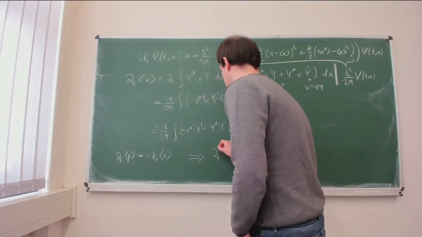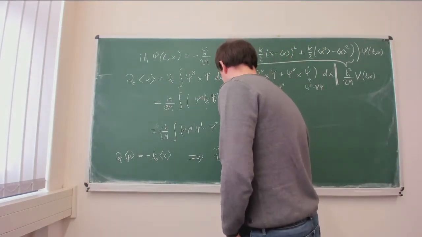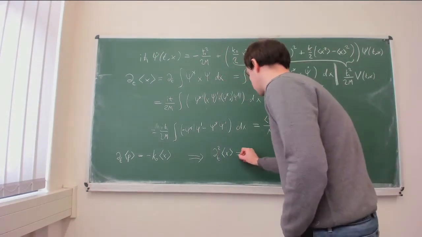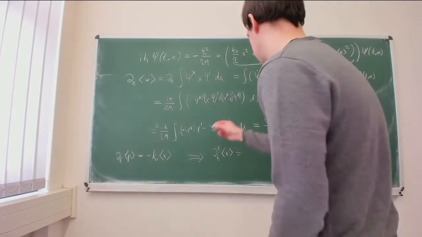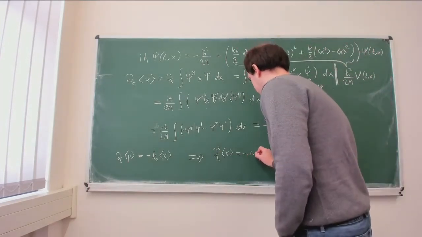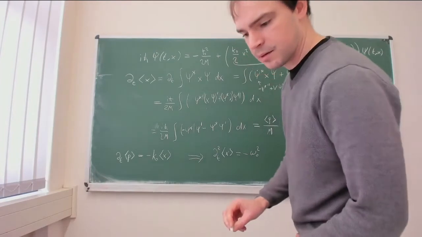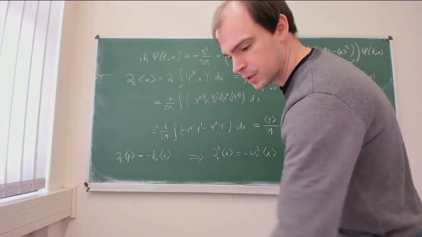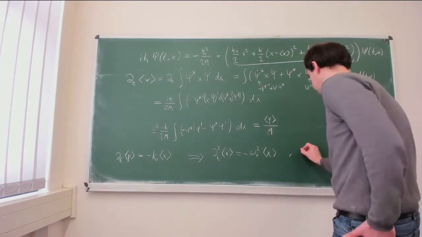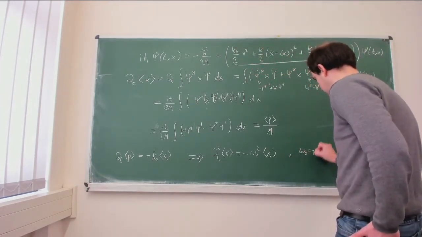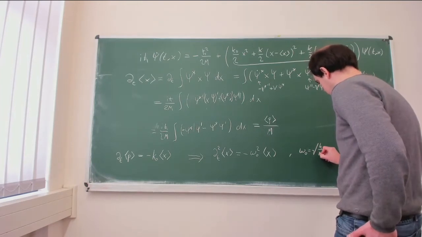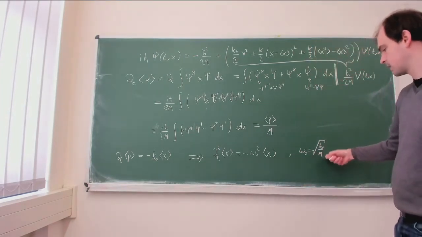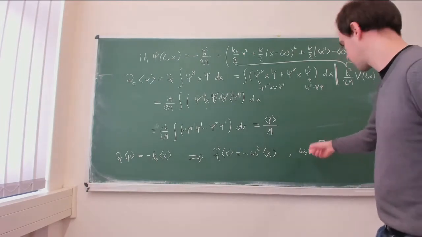So I can take the second time derivative here and find just a harmonic oscillator equation. I find that the second order time derivative of x is minus omega 0 squared times x, with frequency omega 0 being the square root of k0 divided by m.